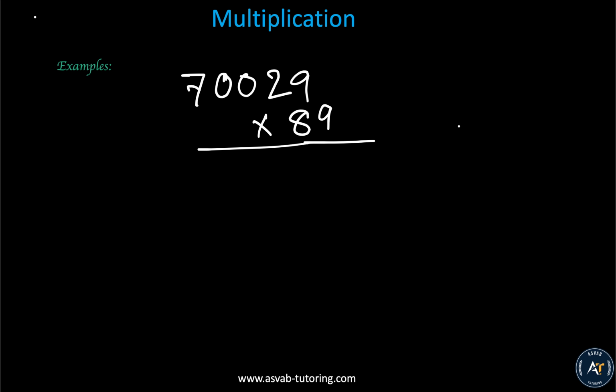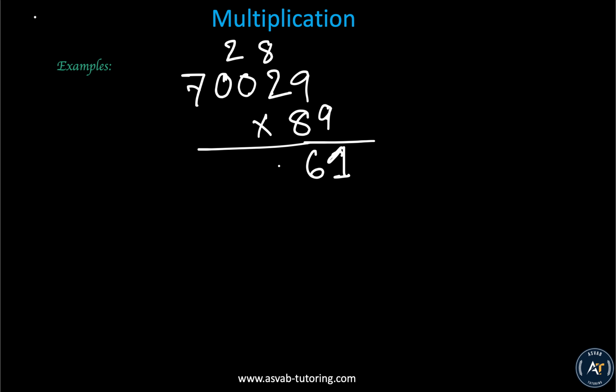I could do that the same way. 9 times 9 is 81, 1 carry 8. 9 times 2 is 18, 18 plus 8 is 26, 6 carry 2.